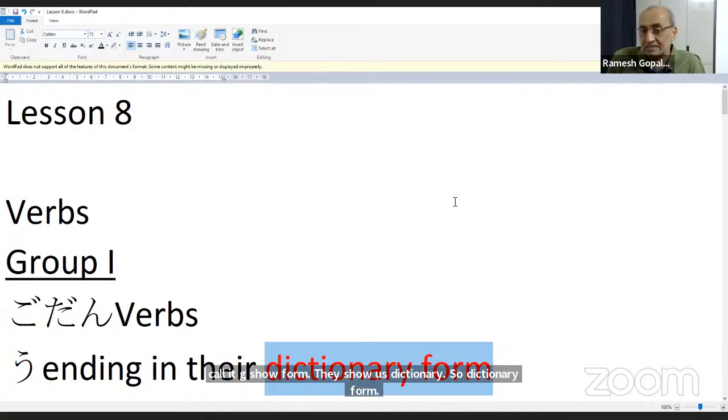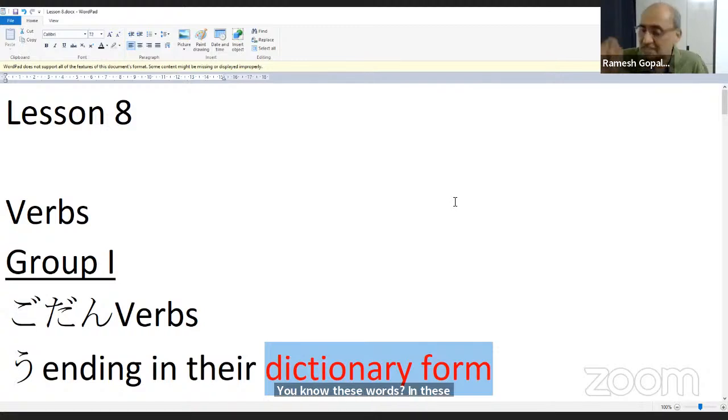Now, what is a dictionary form? All the verbs in Japanese are in a form called the dictionary form. Where? In a dictionary. If you have to refer to a dictionary, because you don't know the meaning of a verb, this is the form that is used.